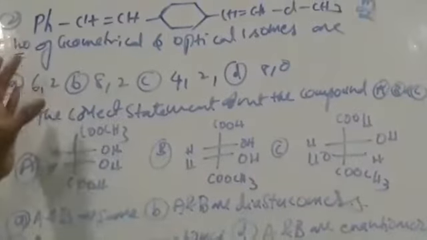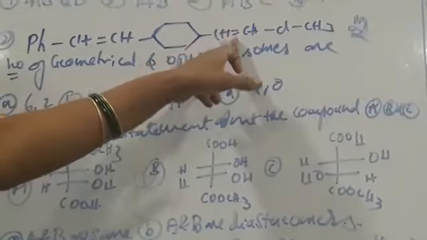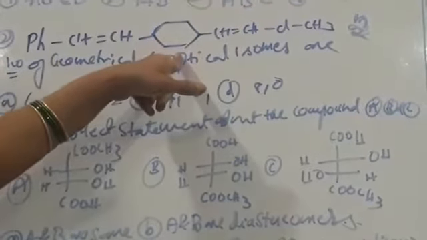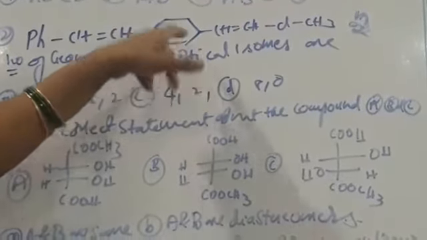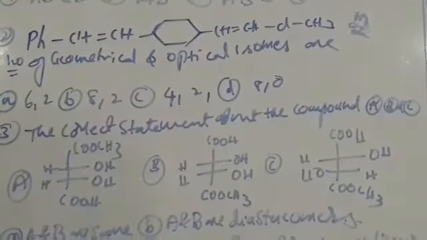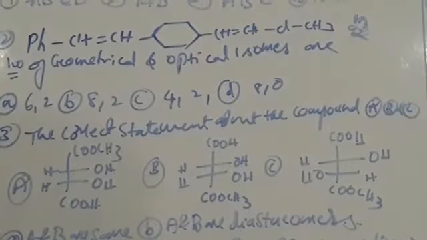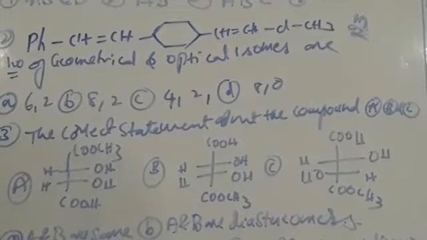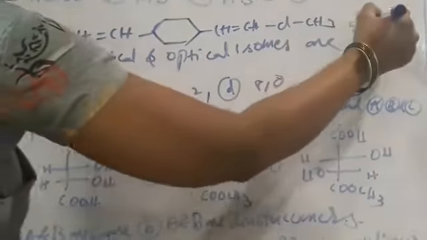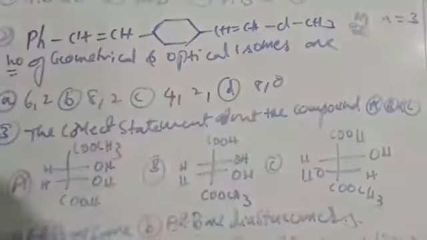But in this compound, 2 double bonds are there and 1 cyclic ring. Here the cyclic ring is also considered as a double bond. So that's why we take the n value as 3.